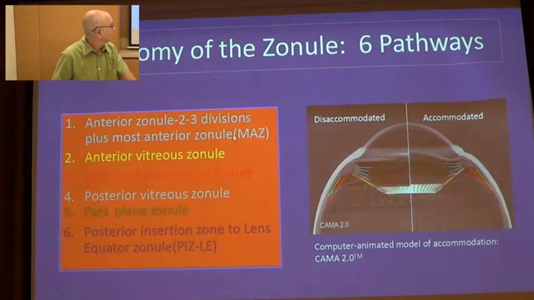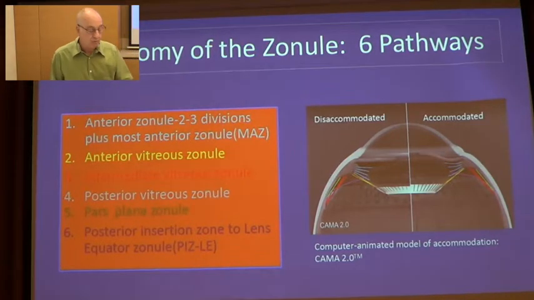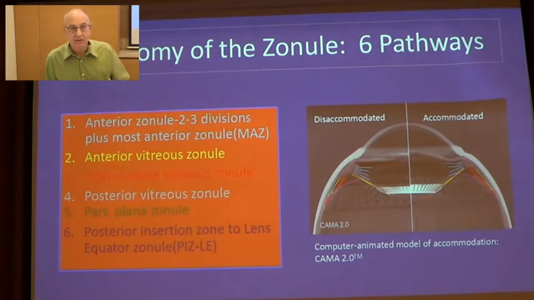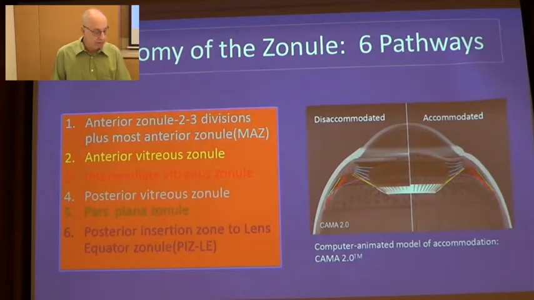That's this element, which we'll talk about. That's the posterior vitreous zonule. There's also the pars plana zonule shown in green, and the very recently discovered posterior insertion zone to lens equator zonule, which is shown in purple.